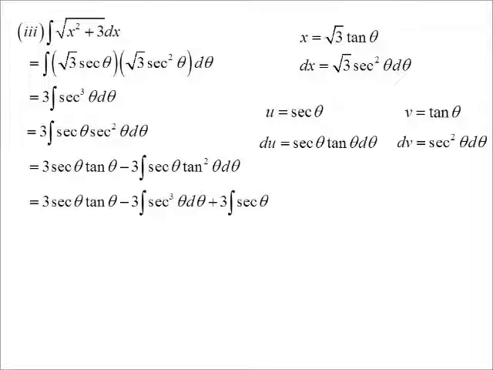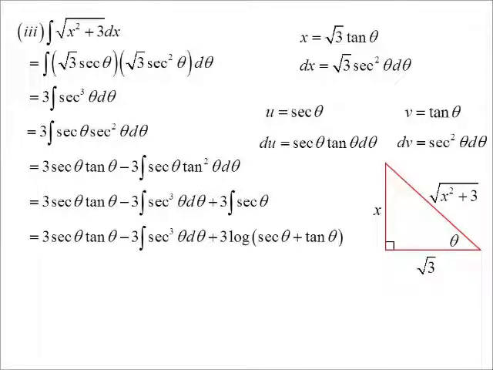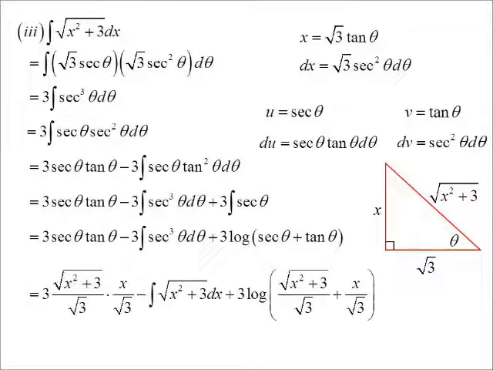Now, remember, if we're treating this like an equation, I'm not looking at the first line equals the last line, because of course the first line's got x and the last line's got theta. I'm looking at the third line equals. So I've got 3 lots of the integral of sec cubed.